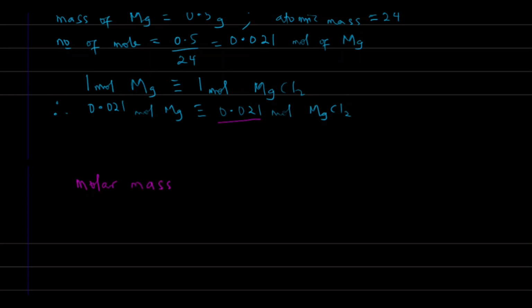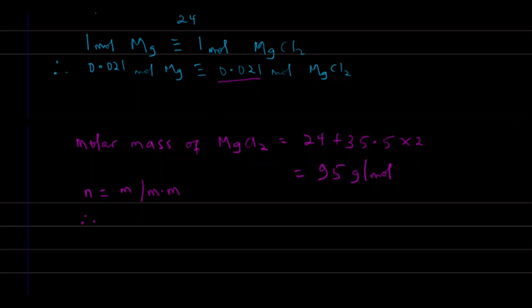The molar mass of MgCl2, which is magnesium chloride, is going to be: magnesium's atomic mass is 24, plus chlorine's atomic mass is 35.5, but we have 2 chlorines, so that is multiplied by 2, and you should be able to calculate it to be 95 gram per mole. Now we have gotten the molar mass of magnesium chloride, we can just make use of number of moles equals mass over molar mass.